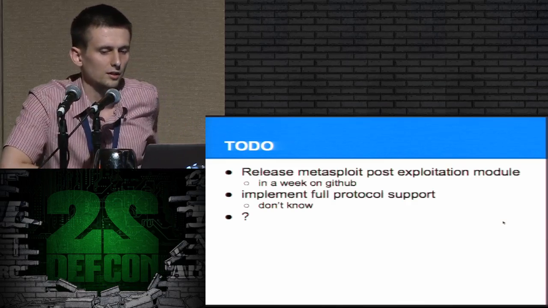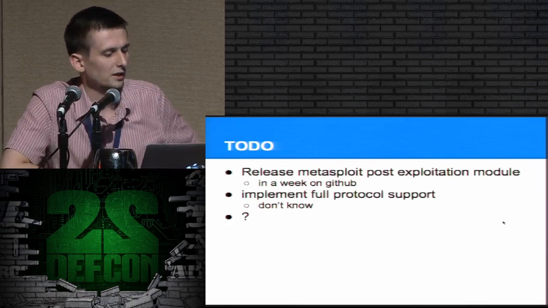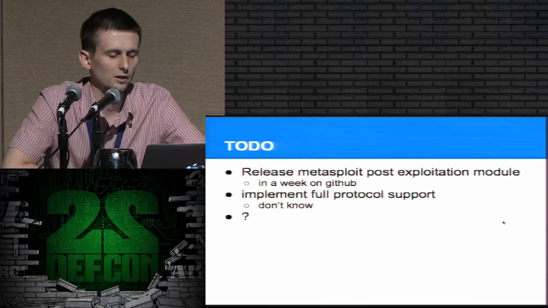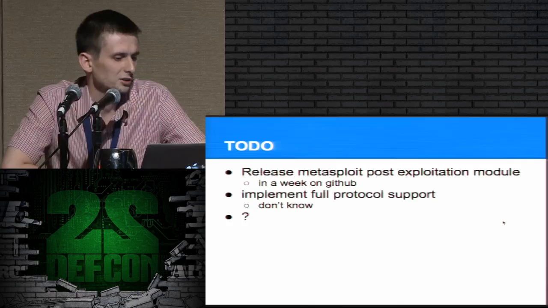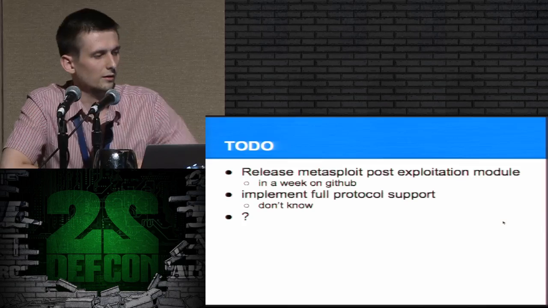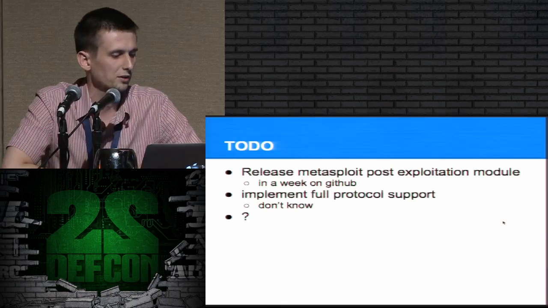I know where the hashes are, but it's difficult to extract them because the RFC for that protocol is about 100 pages, so I don't have time to read it in full. And I don't know, something else to improve.